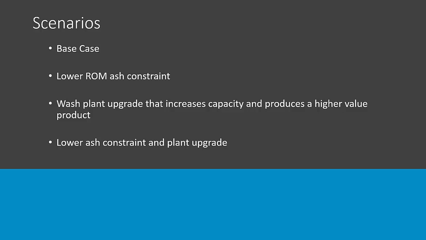What if we have a lower ash with a plant upgrade? These are the kind of scenarios and decisions you can run in Scheduler very quickly. I just take my first base case scenario, clone it, make a little change, clone it, make a little change, and then I can present all of these options and look at these different sequences to see, does a small change in a sensitivity completely change my future schedule? In that case, it may not be that robust of a schedule for the future.